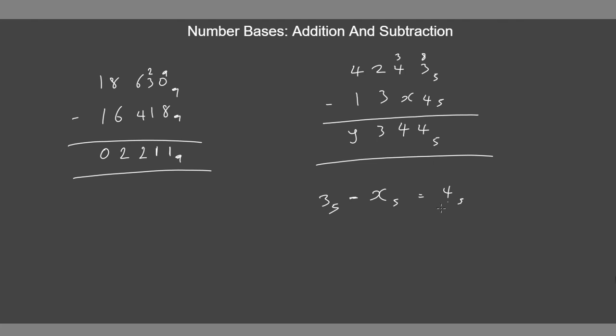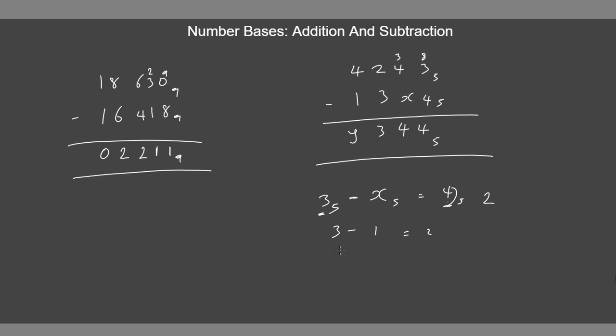Now, the issue here is, since this 4 is greater than 3, it means we must have borrowed 1. Because if, for example, this value happens to be 2, then it's reasonable to say x is 1, right? That will give you 2.